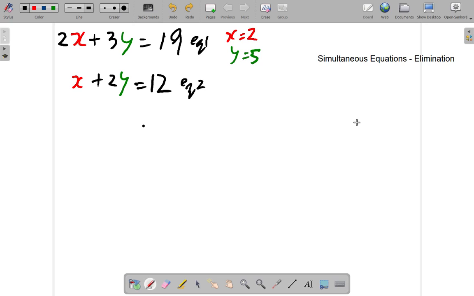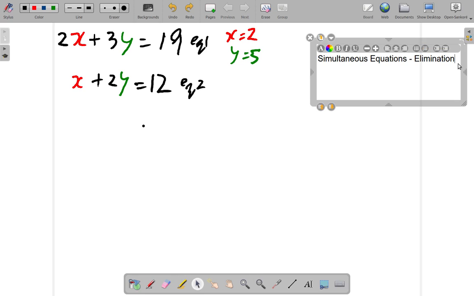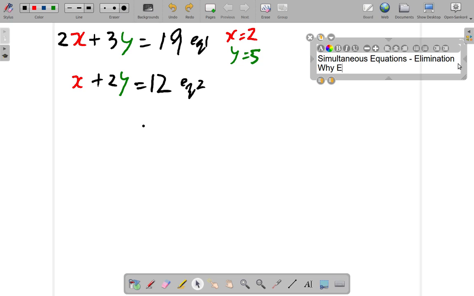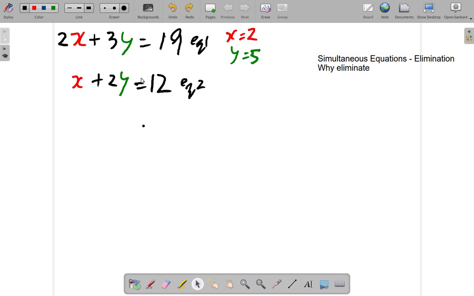We want to use the method of elimination. The question though is, what do we mean and why eliminate? Now, why do we need to eliminate?